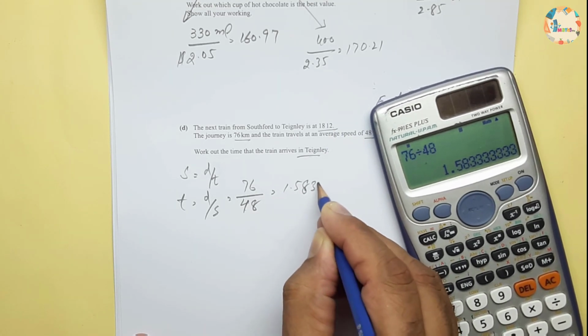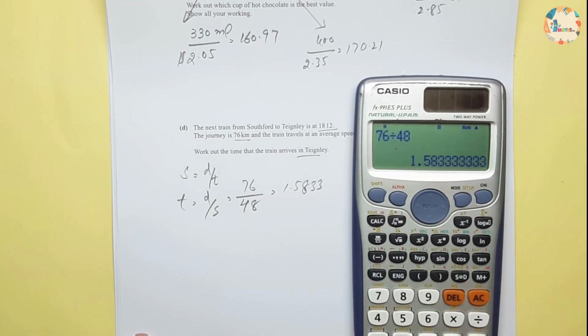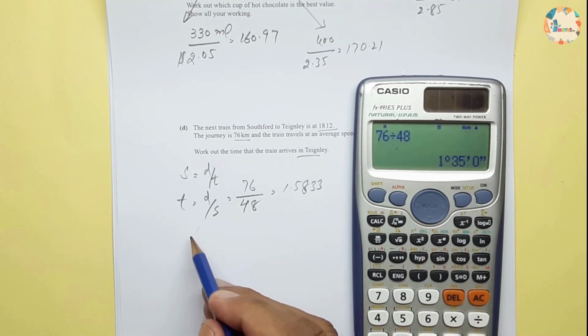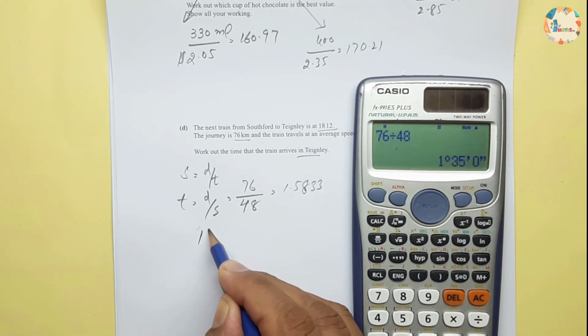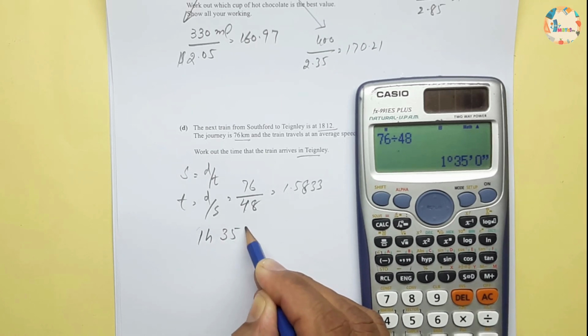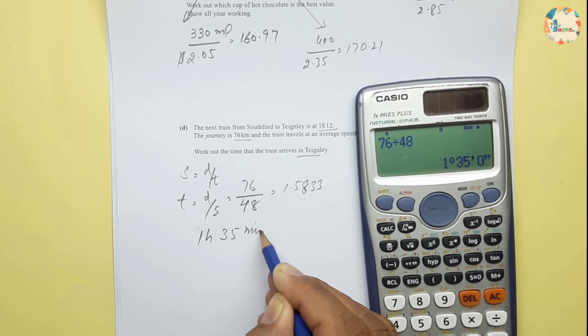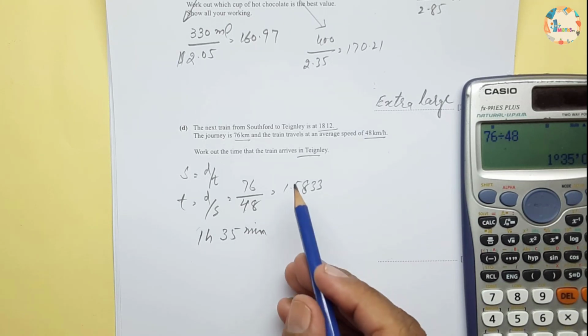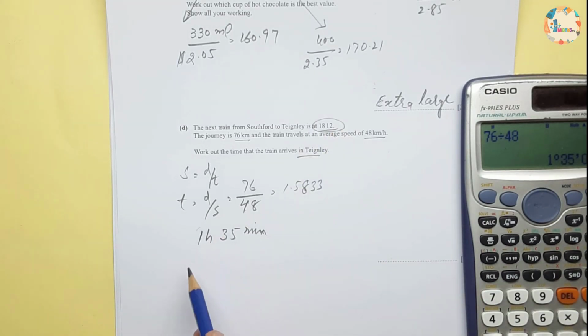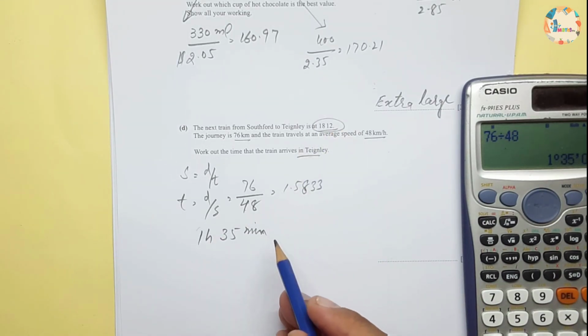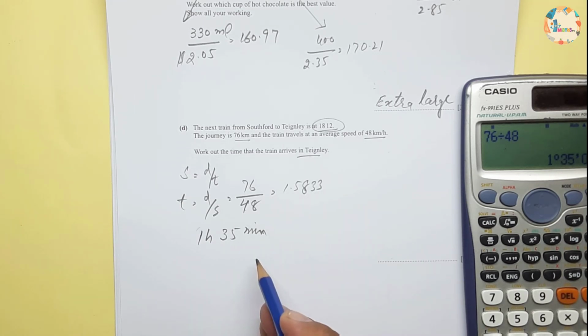When we press this button we'll be getting the time in hours and minutes. This will be 1 hour 35 minutes, so we can write 1 hour and 35 minutes the train will be taking to reach this one. And the starting time is 18:12. So we'll add the time in this, we'll get the time of reaching this location.